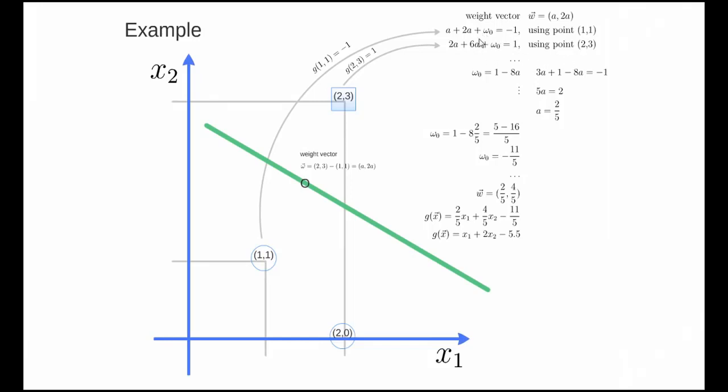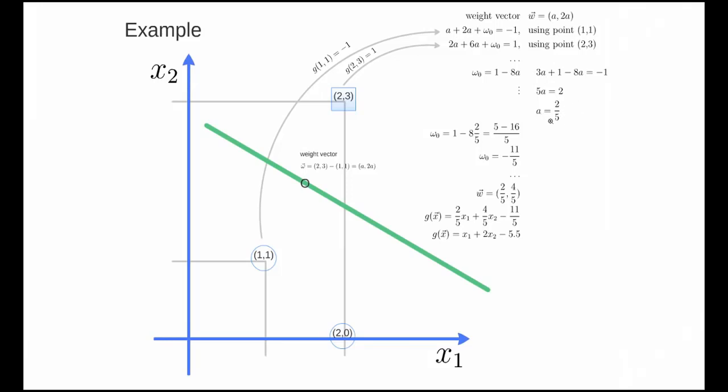Well, given these two equations, we can isolate the value of omega 0. In the second equation, we will have omega 0 equal to 1 minus 8 times a. So, using this value, we put omega 0 in the first equation, and we will reach the value of a, which is 2 divided by 5.